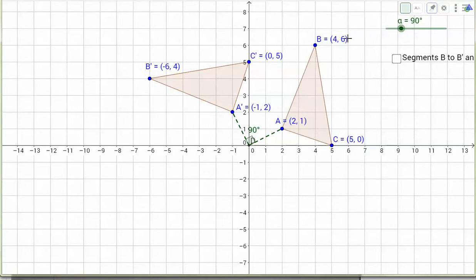It kind of looks like we're switching them, but it's not just switching them. We're also making one of them negative. What was a positive 6 is now a negative 6, and what was a positive 1 is now a negative 1. So it looks like we're switching them and then making what was the y negative.